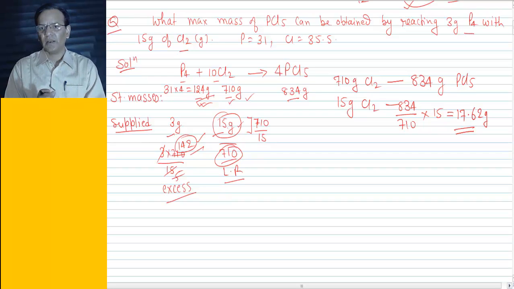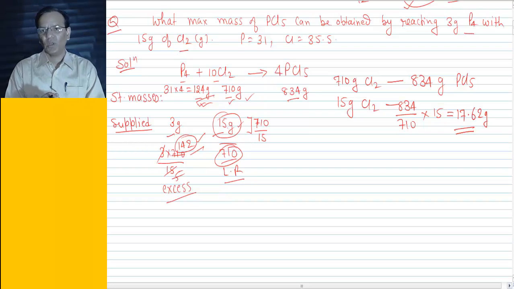So that is how we determine the limiting reactant in a chemical reaction, and its importance can never be underestimated. It is a very important part of physical chemistry.